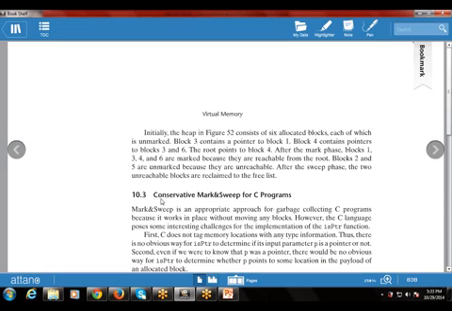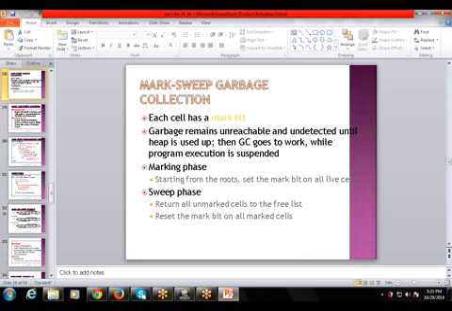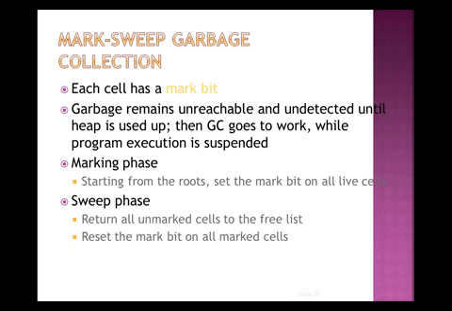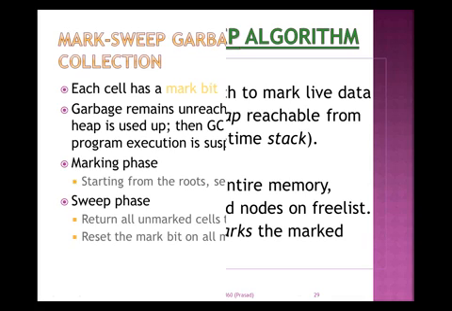Now let's see with the help of PPTs. This says mark sweep garbage collection. Each cell has a mark bit, that is, each block that is used has a mark bit.